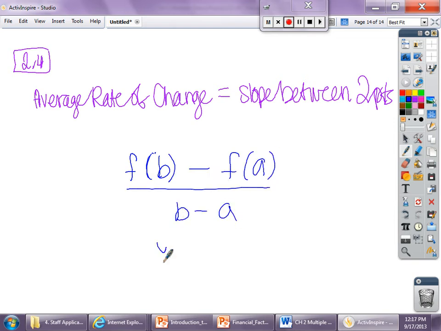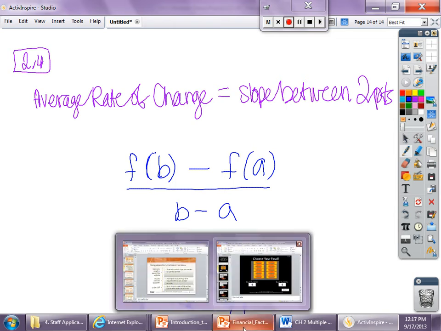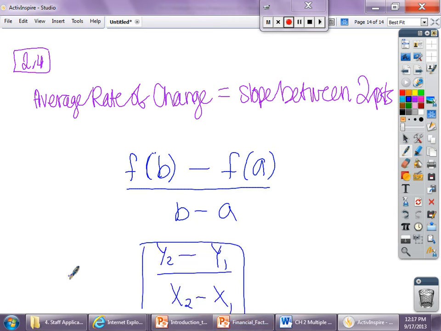What's that the same as? Y2 minus y1 all over x2 minus x1. You'll see me use the f of b notation more. Okay? It just means y and y. So, average rate of change just means plain old slope. Rise over run. Okay?